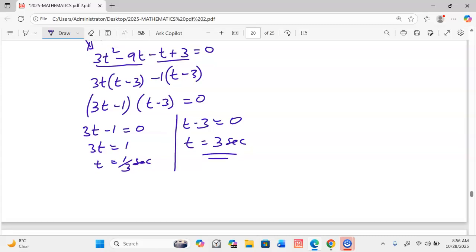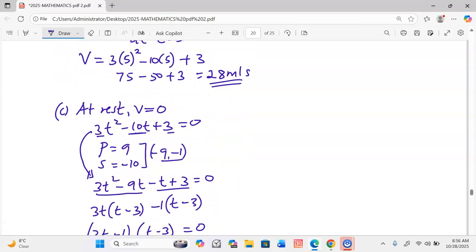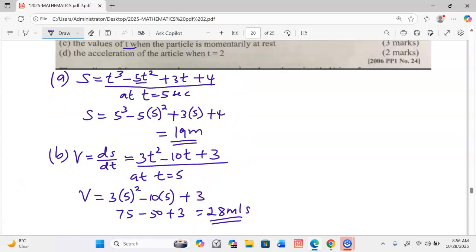We move to part D, and in part D we are told to find the acceleration of the particle when t is equal to 2 seconds. And we know acceleration is given by differentiating velocity with respect to time.